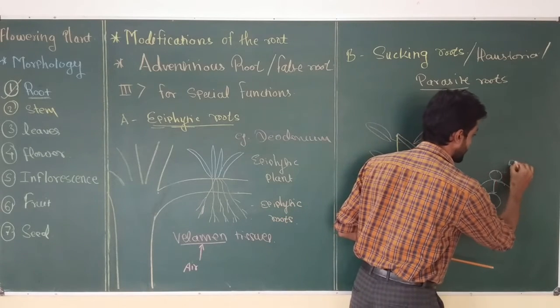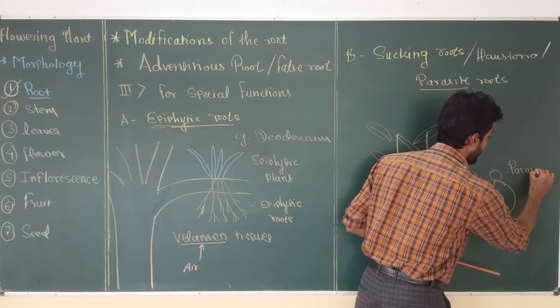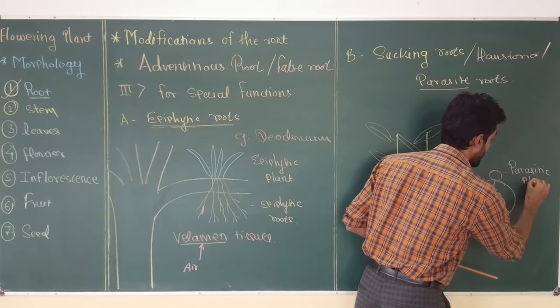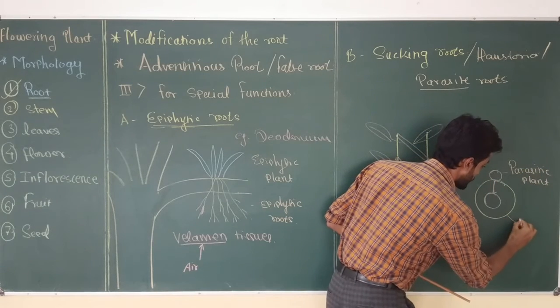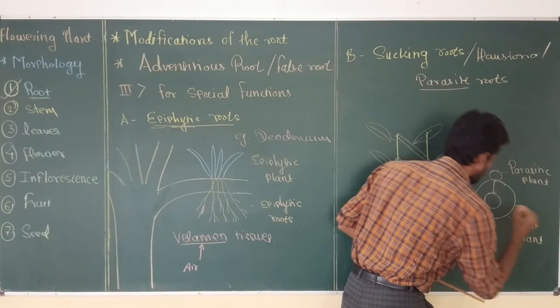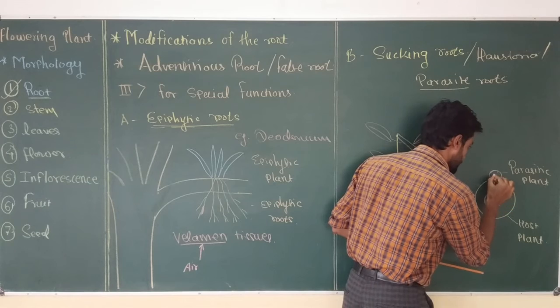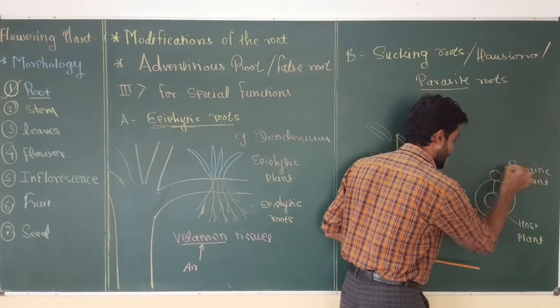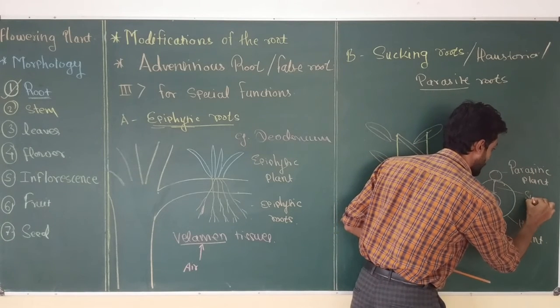So this is the parasitic plant, this is the host plant, and the root which developed from the stem of the parasitic plant is the sucking root.